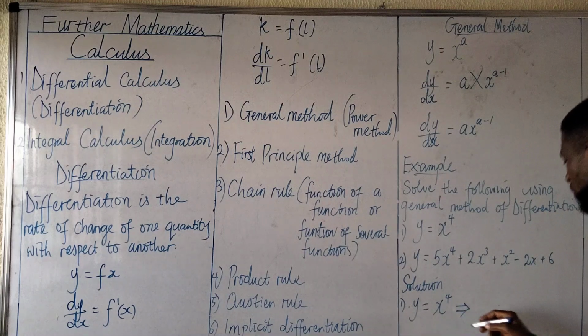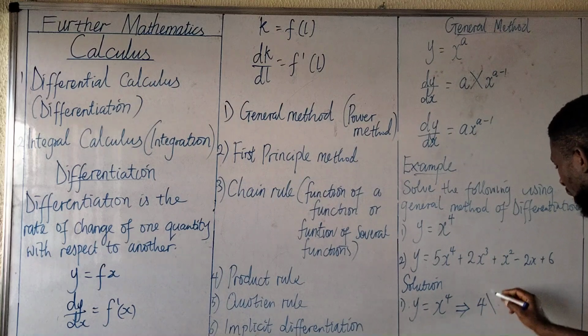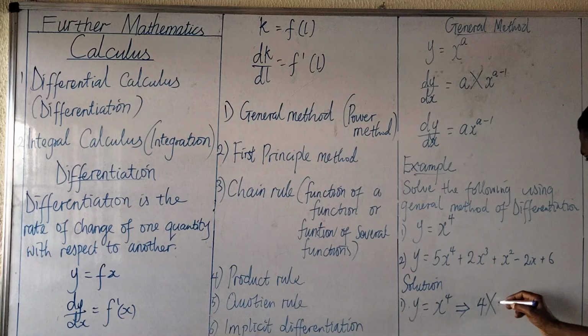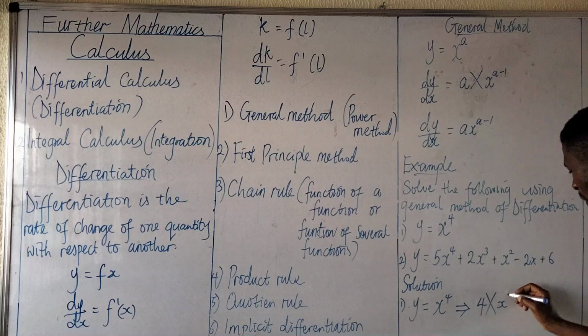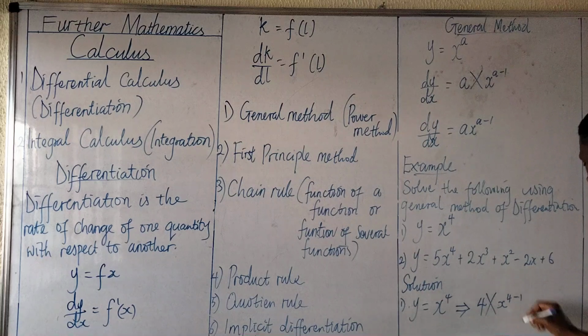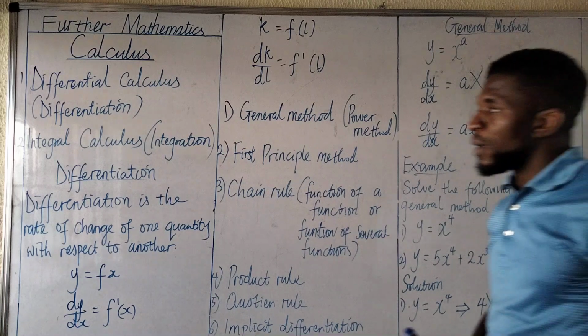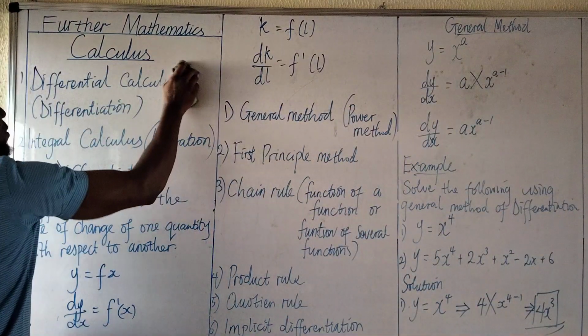So this gives us 4 times the base x raised to the power 4, subtract 1 from the power. So we're going to get 4x raised to the power 3. And this becomes our answer for question number 1. Alright, let's leave this part of the board and continue our solving.